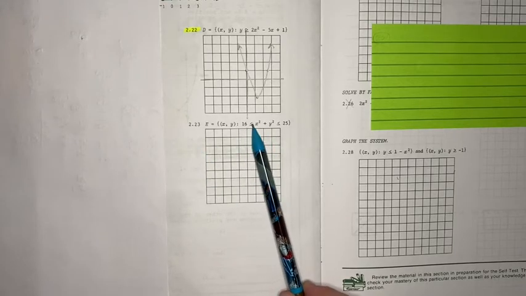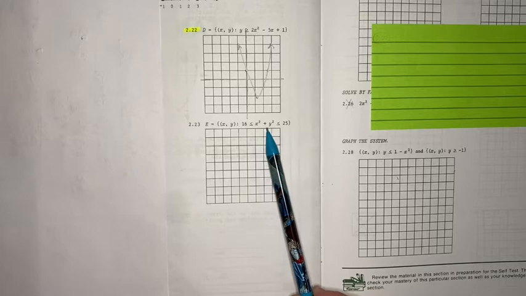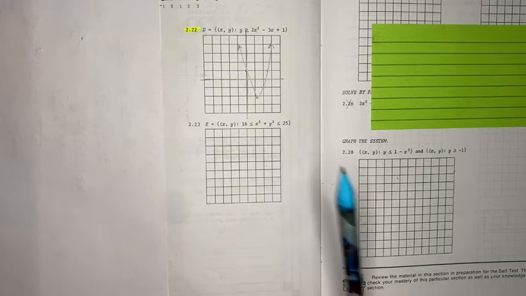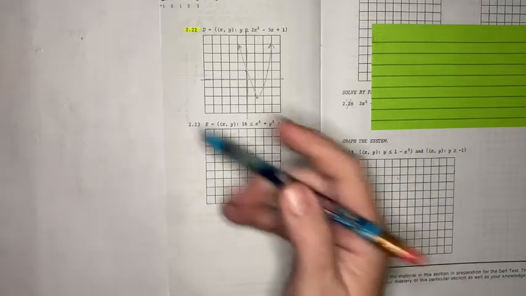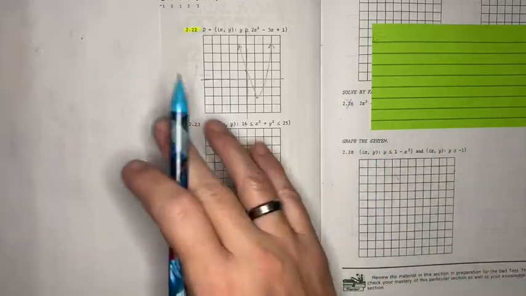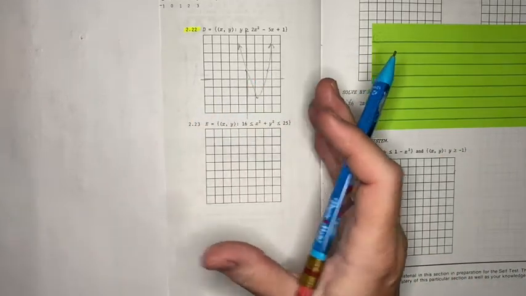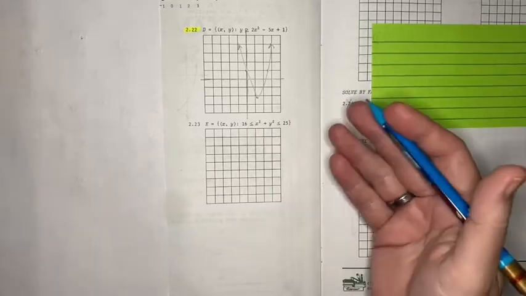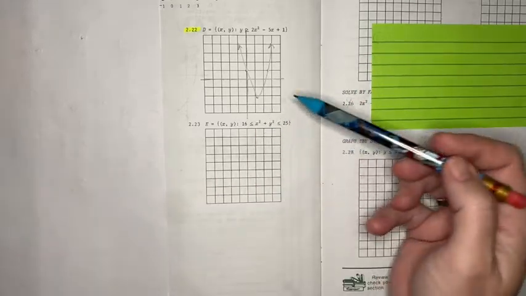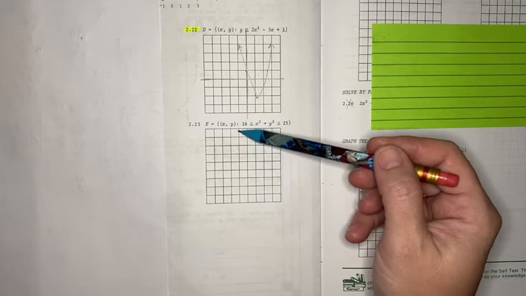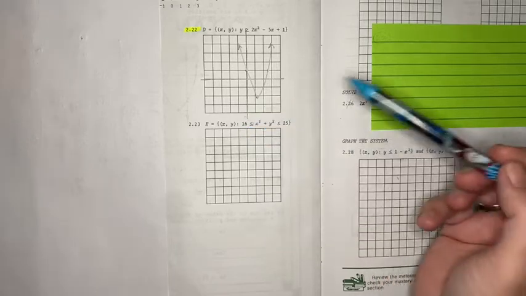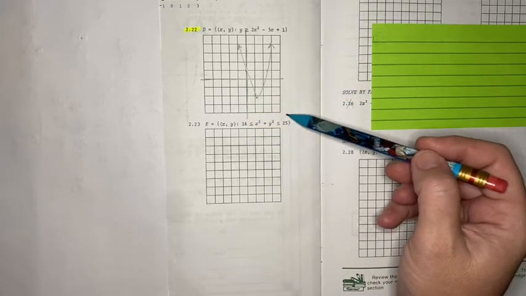Now I want to take a quick look at problem 23. It is 16 less than or equal to x squared plus y squared, which is less than or equal to 25. We haven't done these in a long time. They didn't reference this at all in any of the practice exercises or models, but this is a formula for a circle. So we've got a circle with a radius of 4 and a radius of 5.